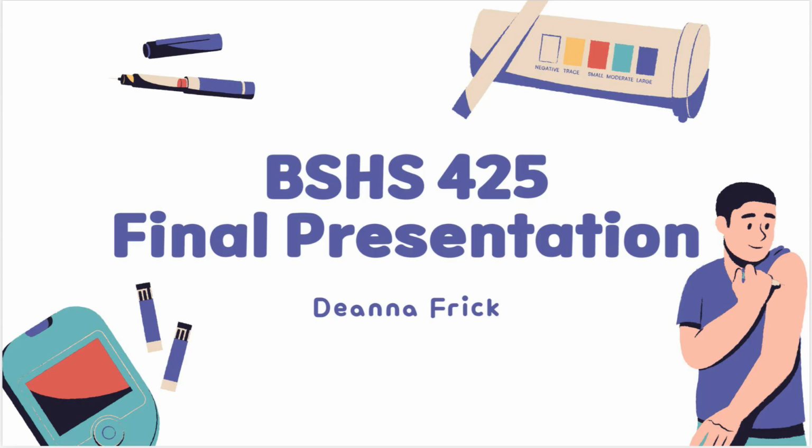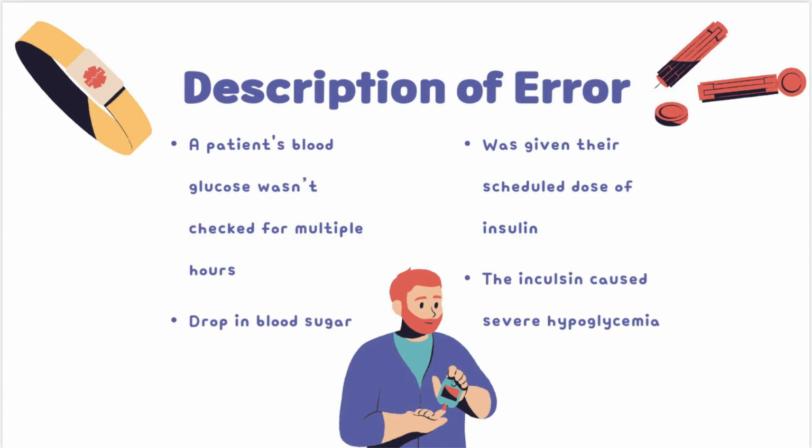This presentation focuses on a common but serious hospital error involving insulin administration without a current blood glucose check and how we can improve patient safety using a structured quality improvement process. The error I chose involves a patient whose blood glucose was not checked for multiple hours, but they were still given the scheduled dose of insulin.